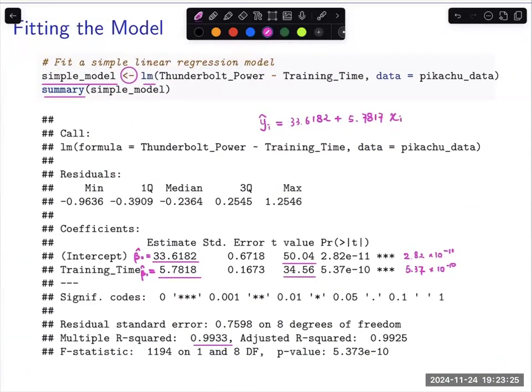As you can see here, the beta 1 has a test statistic equal to 34.56 with a corresponding p-value of 5.37 times 10 to the power of minus 10. They also list the F statistic value, which is 1194, the square of 34.56, of course with some rounding error, and with a p-value precisely the same as that of the t statistic.